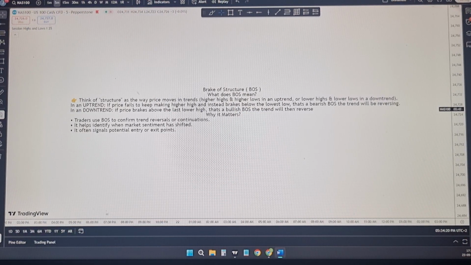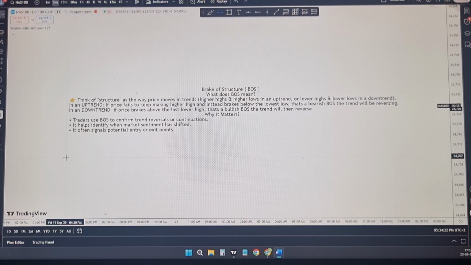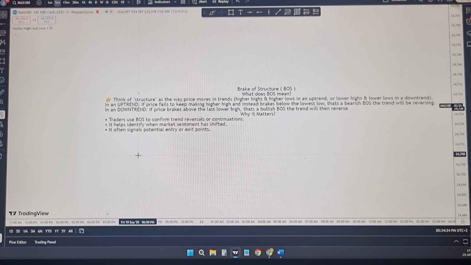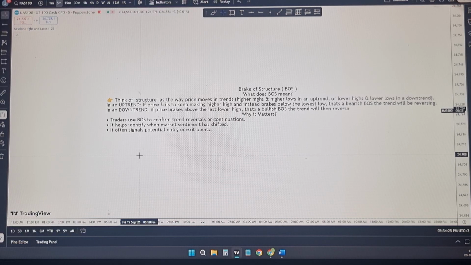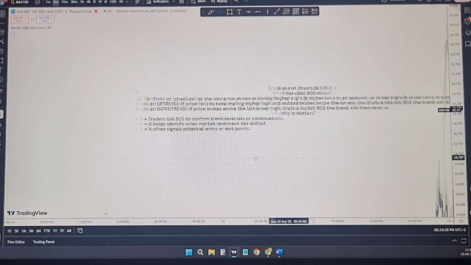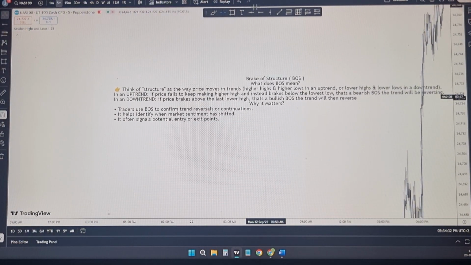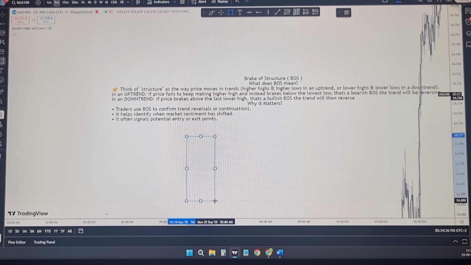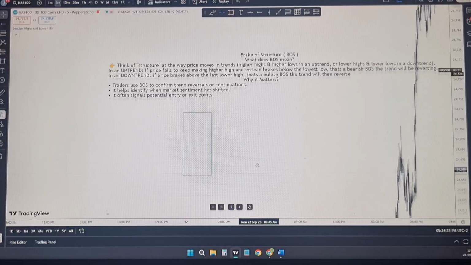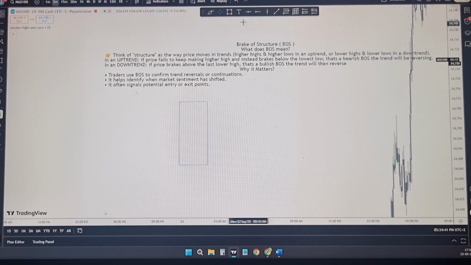I hope that was something you could learn from. Write this down in your journals, because it's a very important rule. Let me draw it for you guys. We're going to draw lower lows and lower highs.